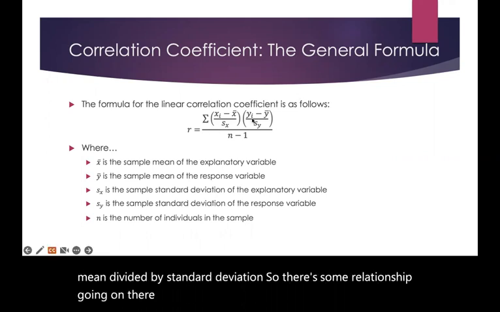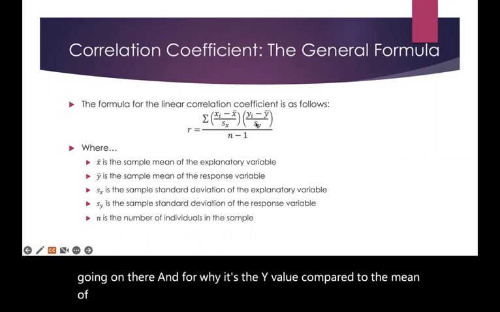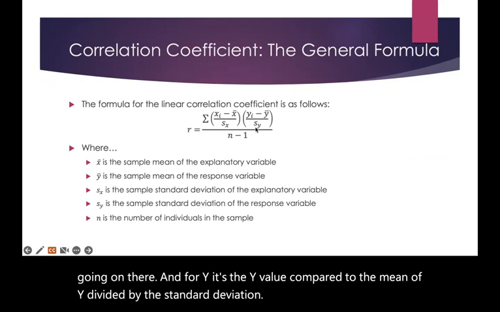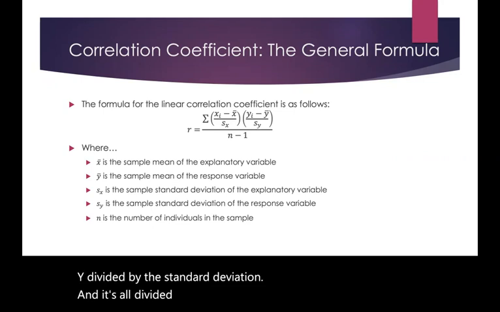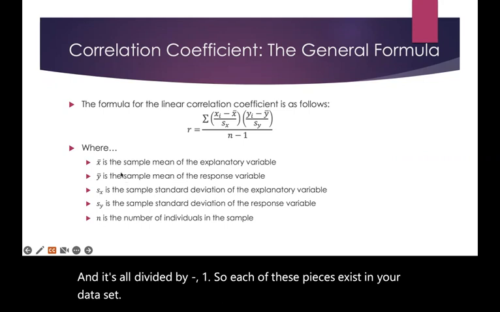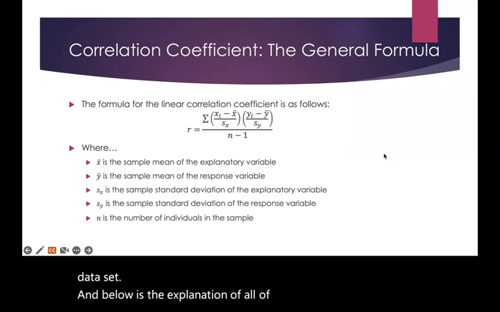And for Y, it's the Y value compared to the mean of Y divided by the standard deviation. And it's all divided by n minus 1. So each of these pieces exist in your data set. And below is the explanation of all of the variables listed in this equation for the linear correlation coefficient.